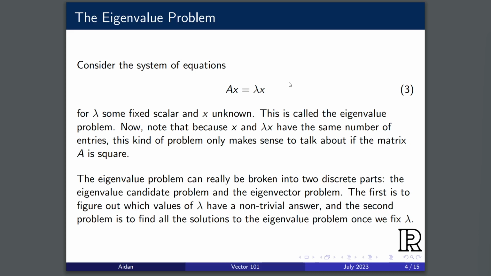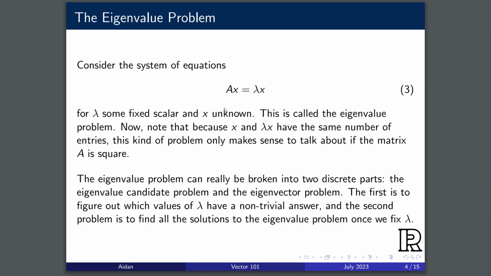Now, one thing to note here, if I plug in the 0 vector for x, then the left-hand side will be 0. And the right-hand side will also be 0 because any number times a 0 vector gives you back the 0 vector. So x equals 0 is always a solution.